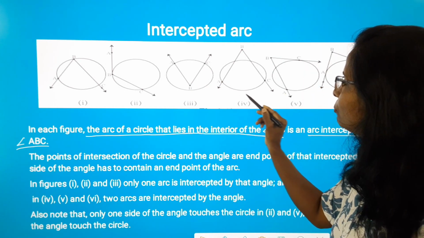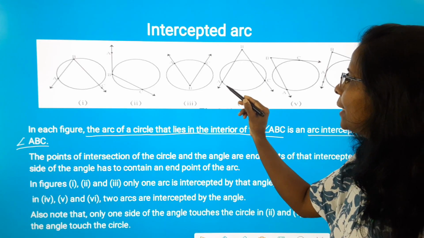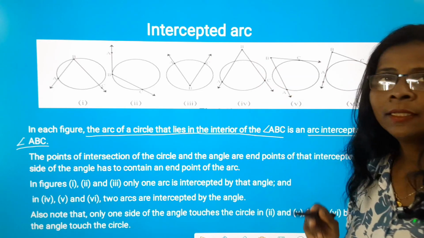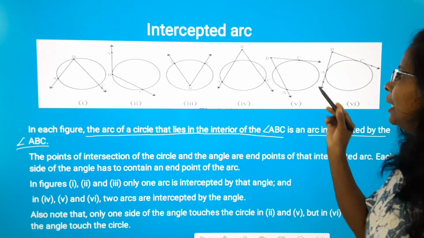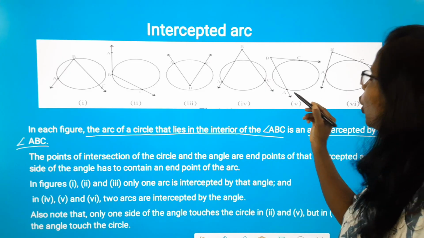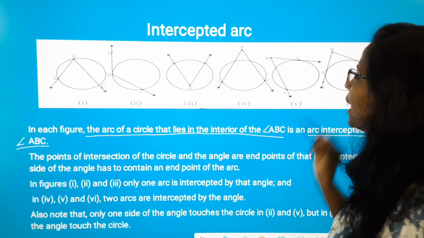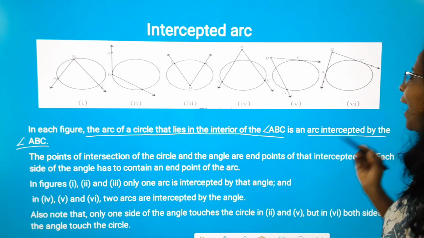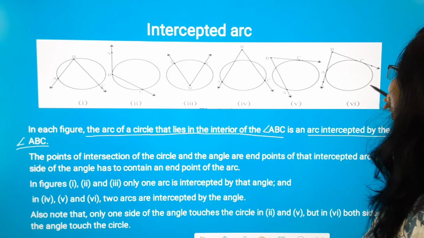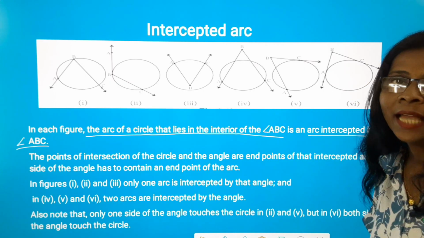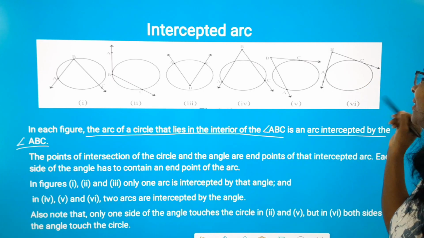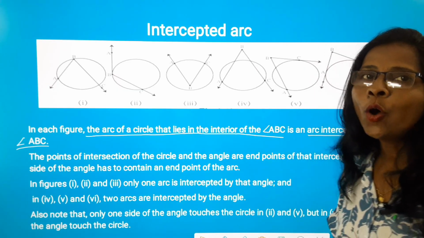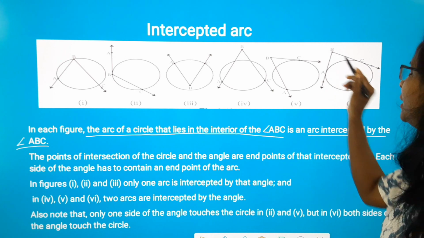In the fourth figure, arc AC lies in between this angle ABC. In the fifth figure also arc AC lies in the angle ABC, and in the sixth figure arc AC lies in the interior part of the angle ABC.